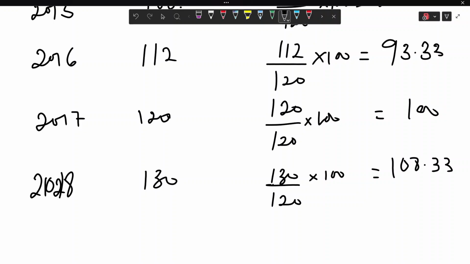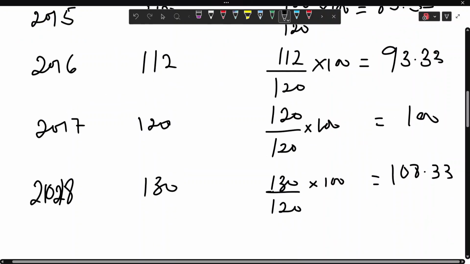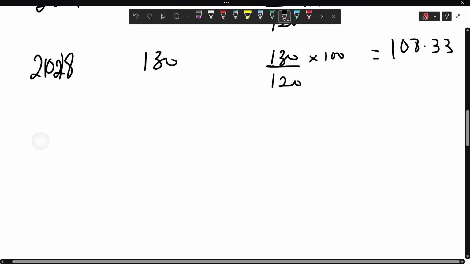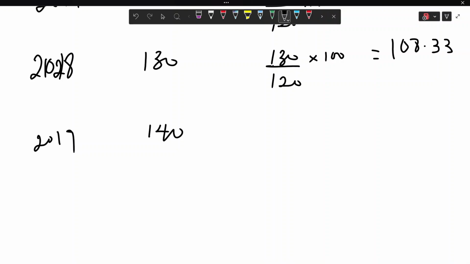That gives 108.33. And lastly, we have 2019, which is 140. 140 divided by 120 times 100 gives 116.67.